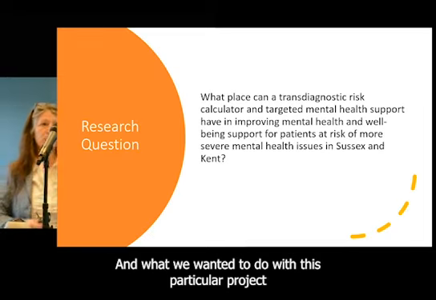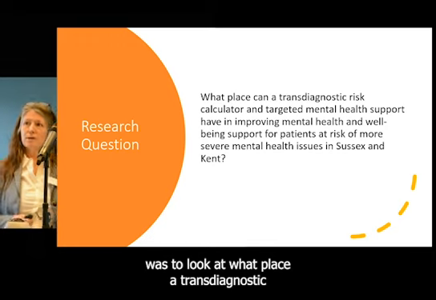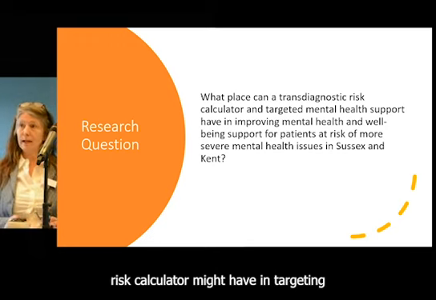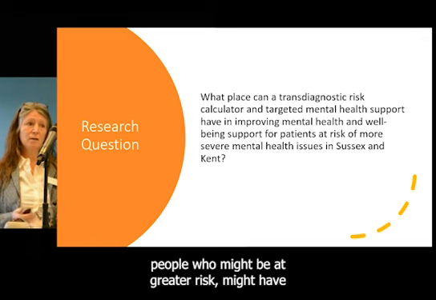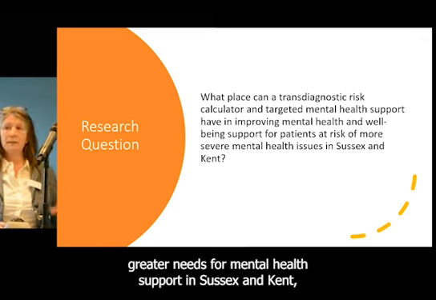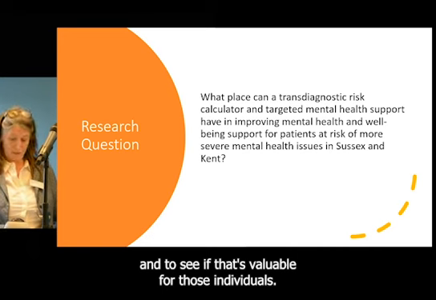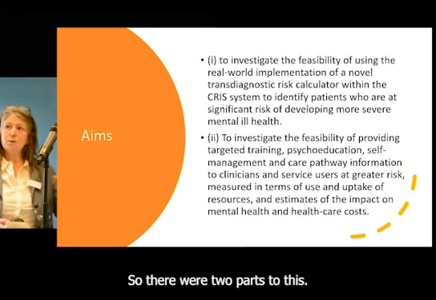And what we wanted to do with this particular project was to look at what place a transdiagnostic risk calculator might have in targeting a subgroup of people who might be at greater risk, might have greater needs for mental health support in Sussex and Kent, and to see if that's valuable for those individuals. So there were two parts to this.